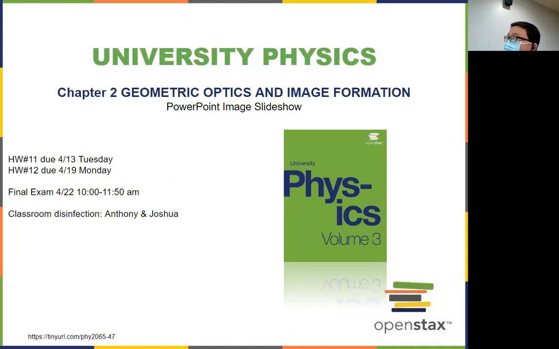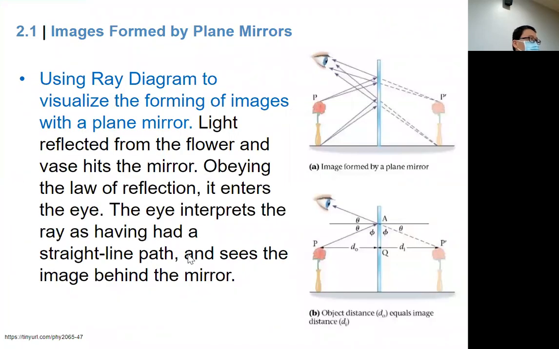Okay, so we'll take a quick look at what we learned last time. Last time we looked at how to trace images by using ray diagrams. If you have plane mirrors, you can pick 2 points from the object, draw 2 rays out of each point, and then apply the law of reflection.